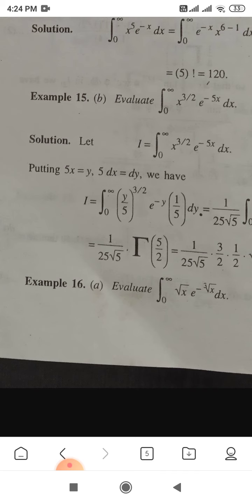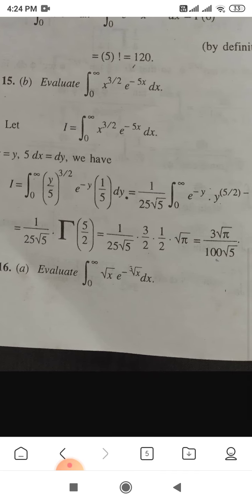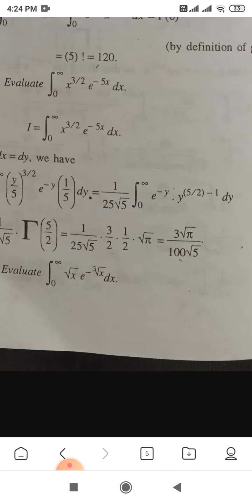After putting, the integration becomes I equal to 0 to infinity, at the place of x it is y upon 5 to the power 3 by 2, e to the power minus y, and 1 by 5 dy, which is equal to 1 upon 25 root 5, 0 to infinity e to the power minus y, y to the power 5 by 2 minus 1, as 3 by 2 can be written as 5 by 2 minus 1.